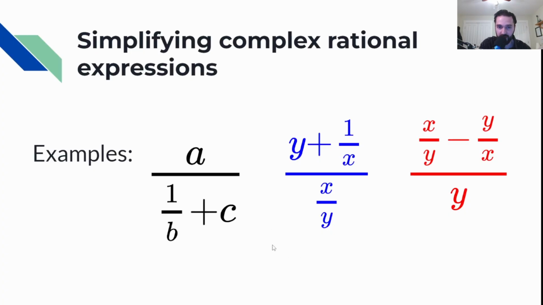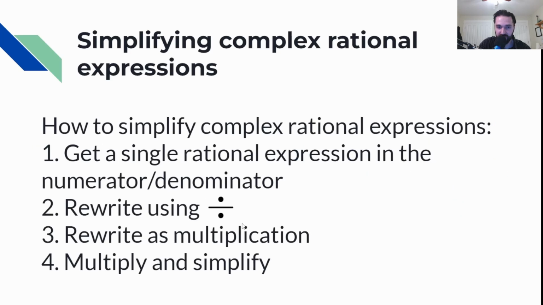But before we start simplifying, let's look at this recipe here. We're cooking up some simplification. We're simplifying complex rational expressions. Here's how to do it. Step 1, get a single rational expression in the numerator and or denominator.